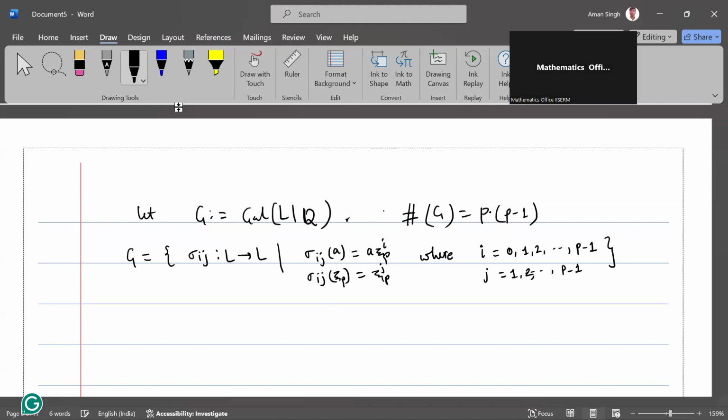So this is our G. I have explicitly defined what our automorphisms are, each sigma is an automorphism of L over Q, and we want to find what the generators of G are.